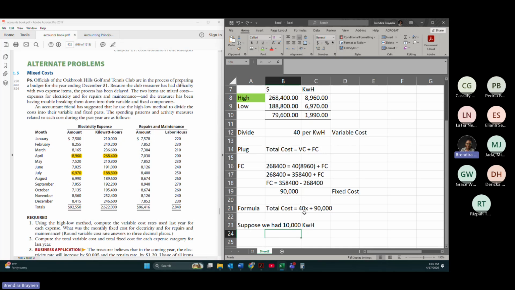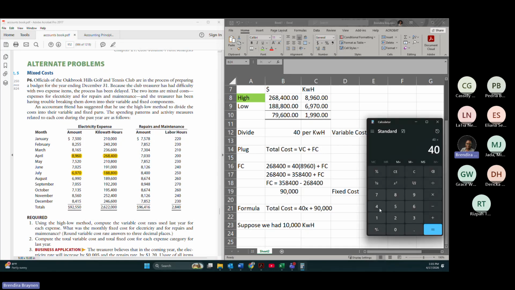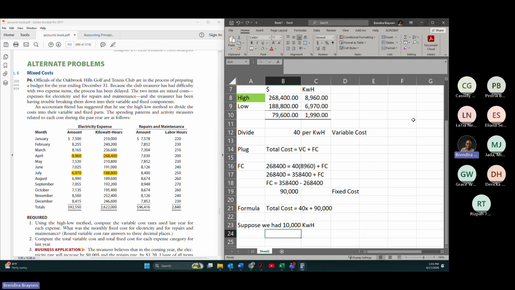And so I would say, well, my total cost in that case would be 40 times the 10,000 kilowatt hours plus 90,000 means that I expect my total cost to be 490,000 based on the formula that I put together. And so that's what the high-low method is. That's how it works.